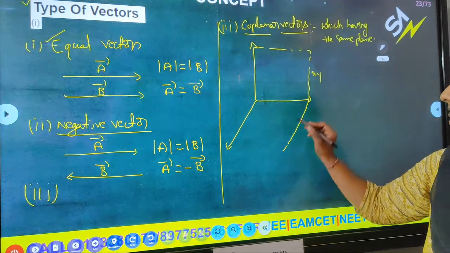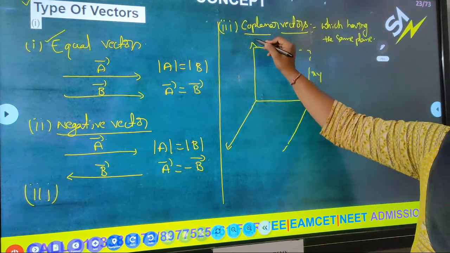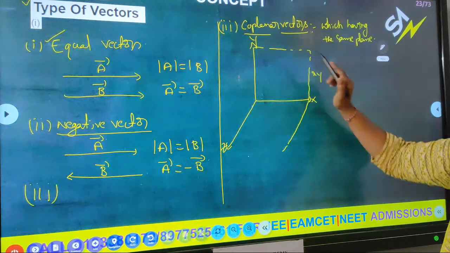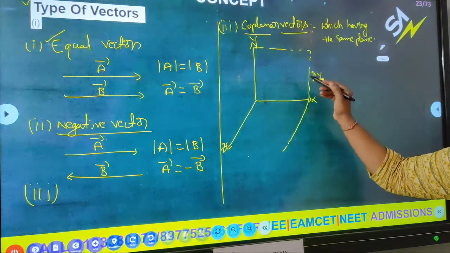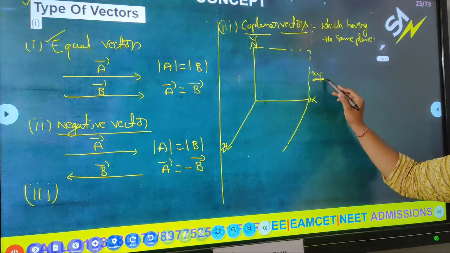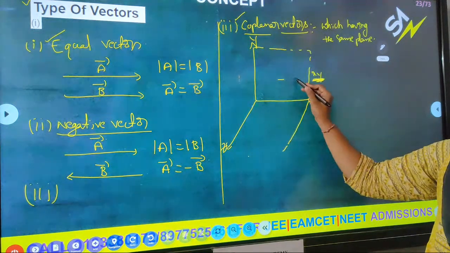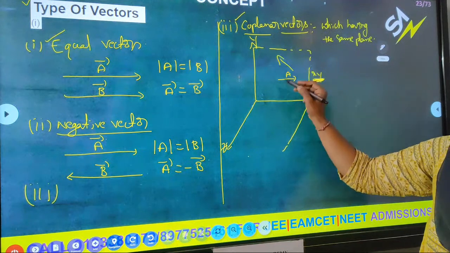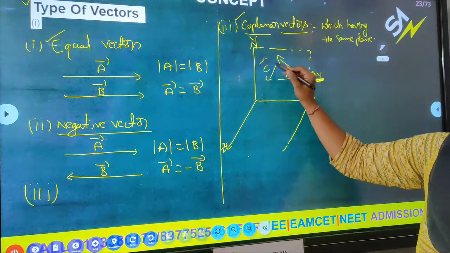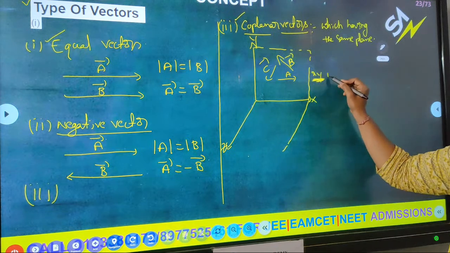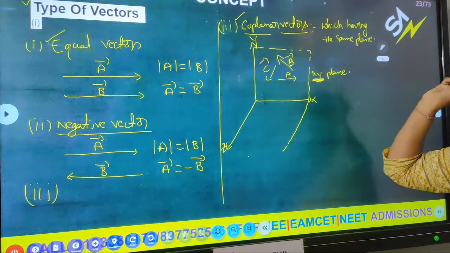If any two or three vectors are lying in this plane, we say they are in the same plane, that vectors are coplanar. Let me give A bar, B bar and C bar, which are in the same plane. That plane is xy plane.